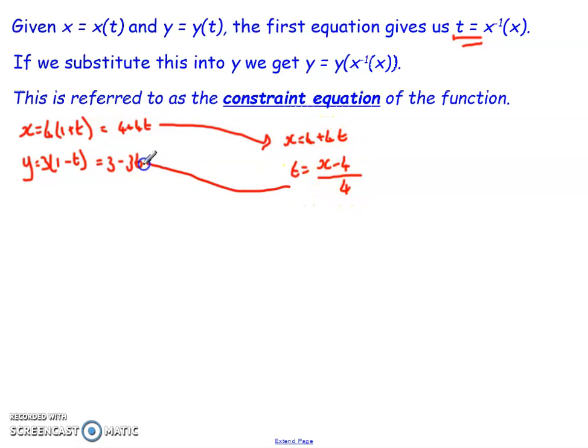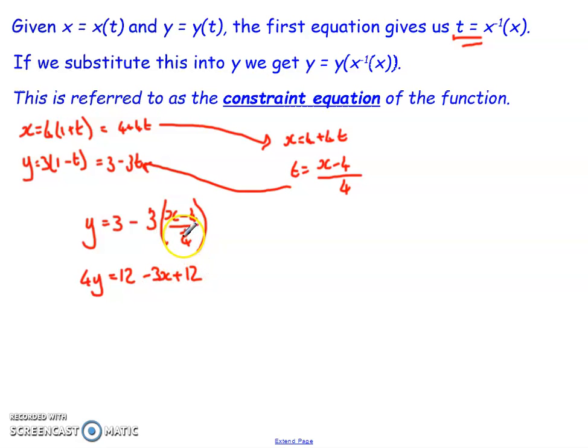If I then substituted that back into here, what I'd end up getting is that y equals 3 minus 3 times this (x minus 4) over 4. If I were to then take this and simplify this whole equation, what I'd end up getting is 4y equals 12 minus 3x plus 12.